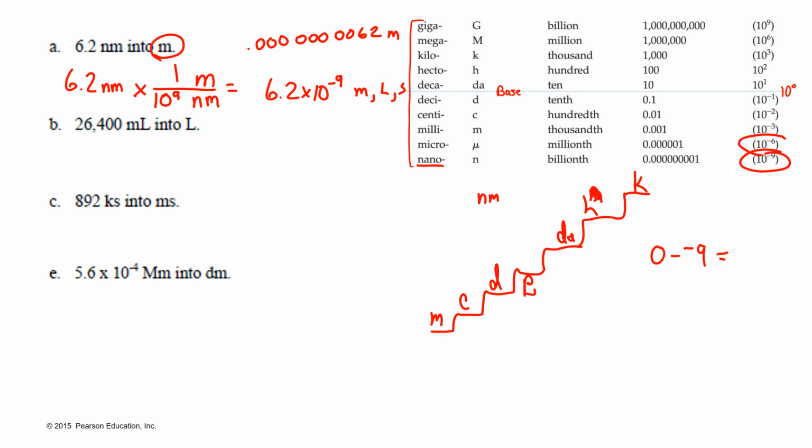So when I do this in the calculator, I'm going to get 6.2 times 10 to the negative 9, or if I did it in standard notation, a decimal point, 8 zeros, and then 62. There should be 9 places.